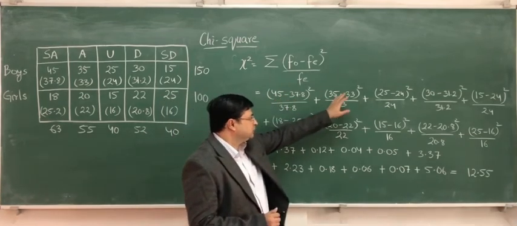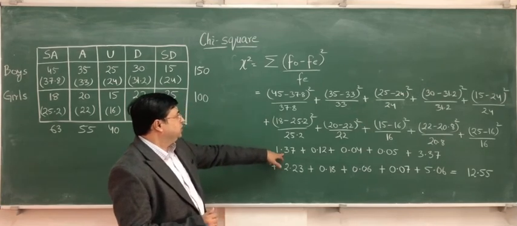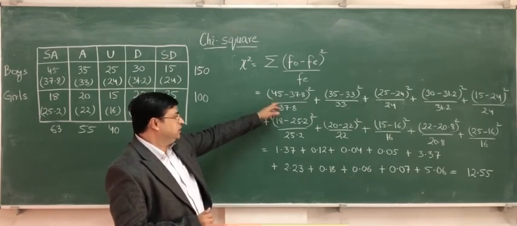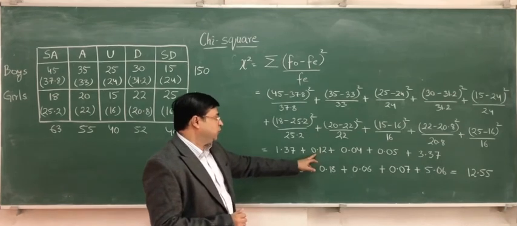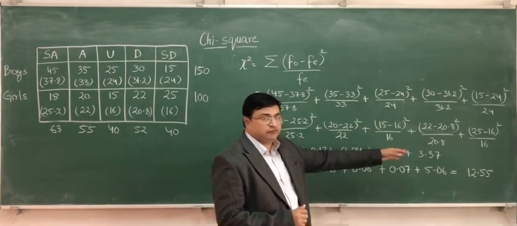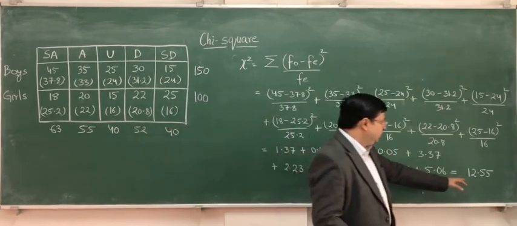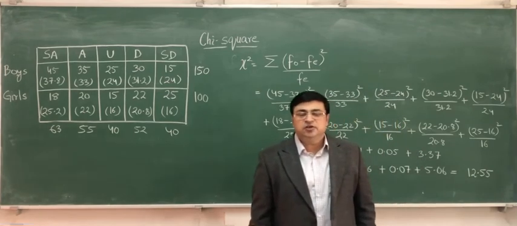After calculating all these, we get the value 1.37 for the first cell. For the second cell we get 0.12, similarly for the third cell, fourth cell, fifth cell, and so on. On totaling we got 12.55.